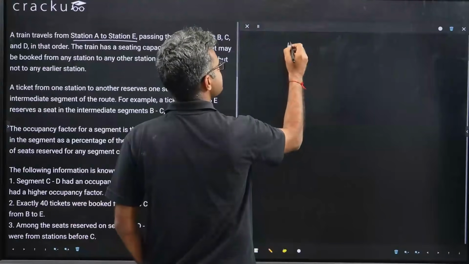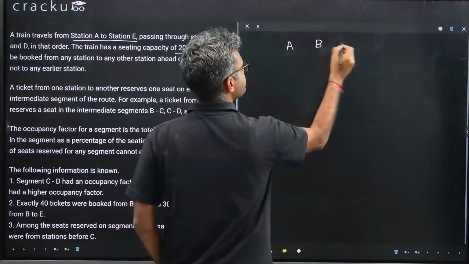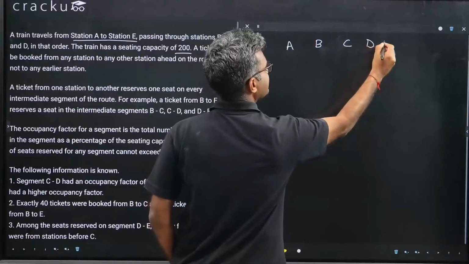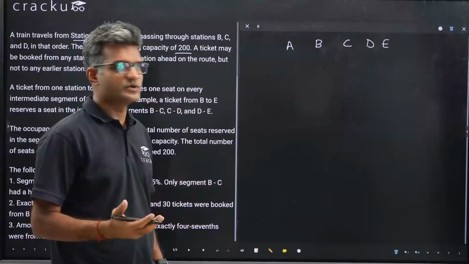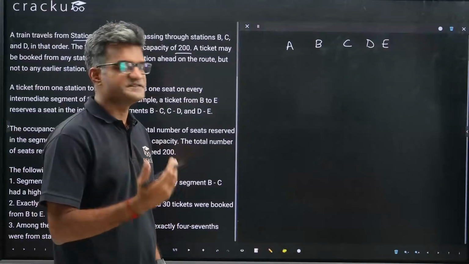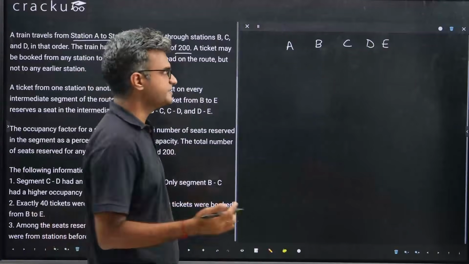There are 5 stations. We have A, B, C, D and E. Now out of these 5 stations, tickets can be booked in how many ways? In 5C2, that is 10 ways. What do I mean by it?